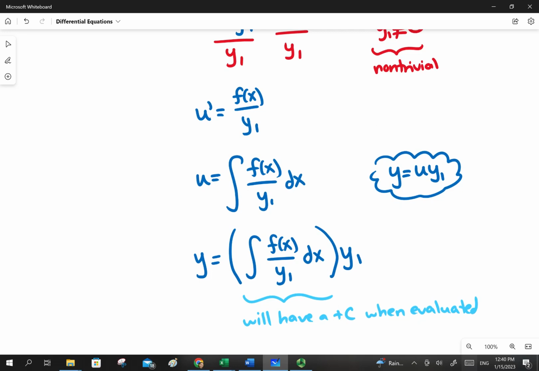So we can see how the substitution worked: we started with a very generic form for y, a function that we didn't know times a very specific function, y1. We're actually able to derive a formula for the general solution to the original differential equation.